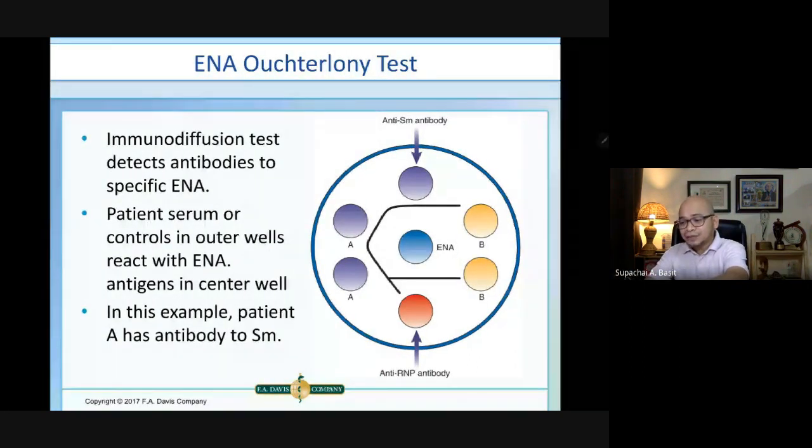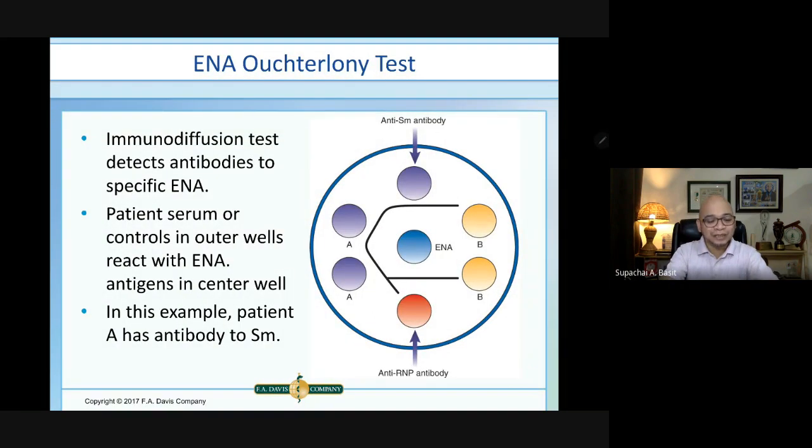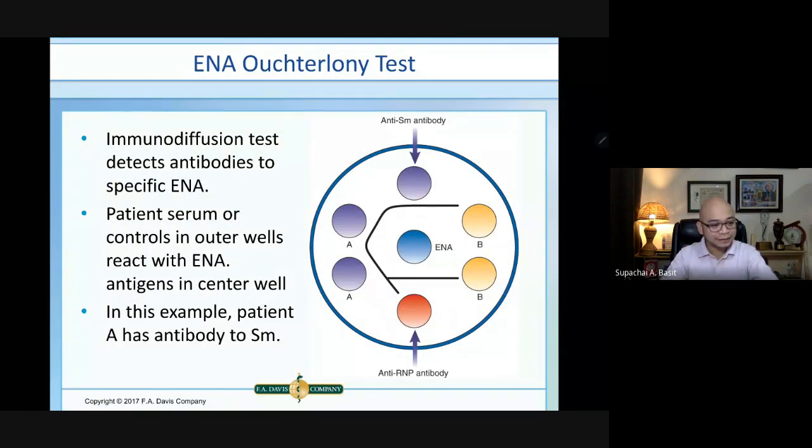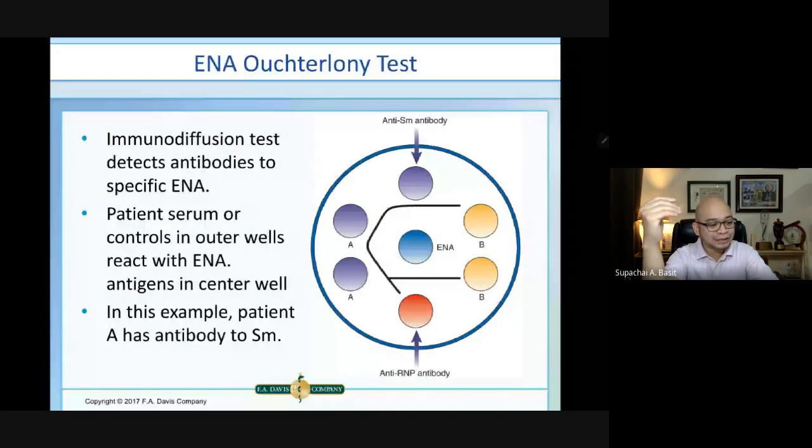Just to remember, the principle of the Ouchterlony test is double diffusion. And there are actually three interpretations that you can determine in this particular type of test.